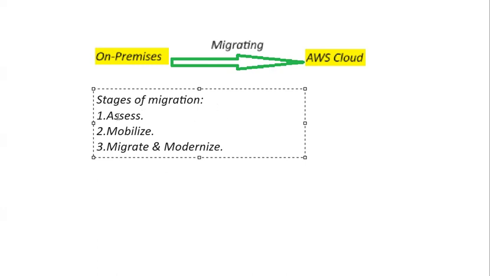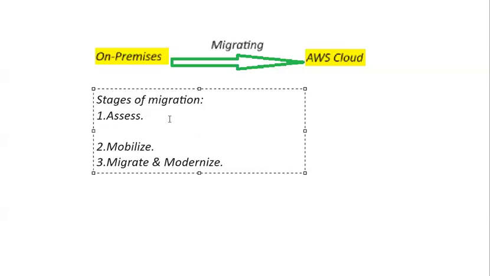So these are the three stages present under migration. Whenever you perform a migration, you must go through these three stages. If you have an idea of these three stages, then you can perform the migration effectively.